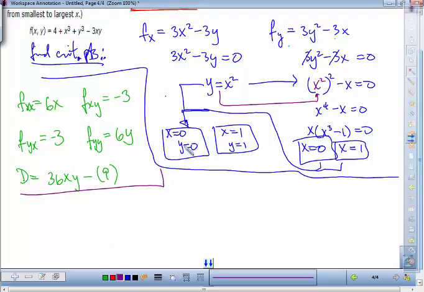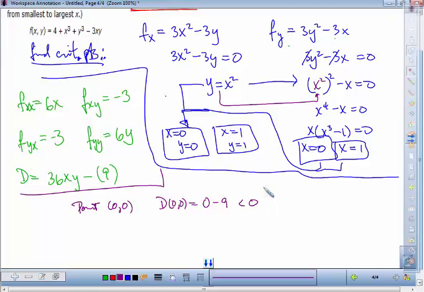Now we take each of our points, and you have to run each of your critical points through this discriminant one by one. So we're going to check the point 0, 0 into the discriminant. D evaluated when x is 0 and y is equal to 0 is equal to 0 minus 9, which is less than 0.